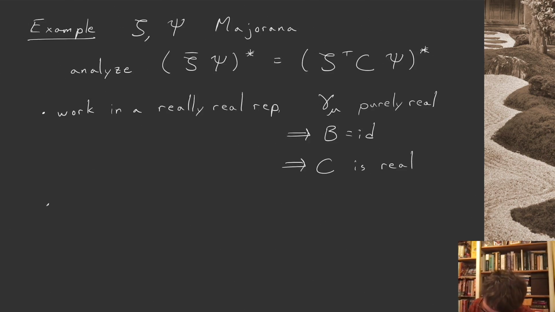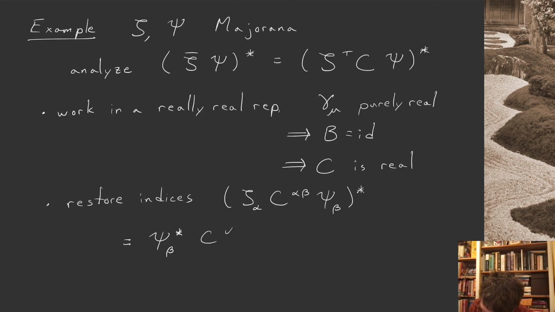So we can maybe restore indices to make it a little clearer what's going on. So we have zeta alpha, C alpha beta, psi beta star. Now by definition of complex conjugation, we can flip the order and write this as psi star beta, C alpha beta, zeta alpha star.